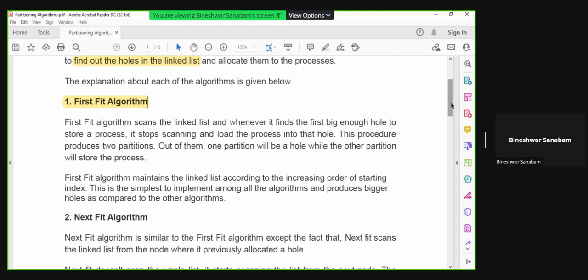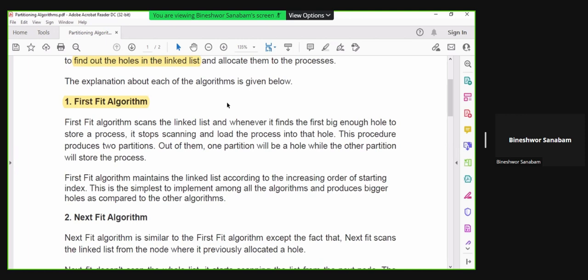So what does it say? The first fit algorithm scans the linked list, and whenever it finds the first big enough hole, meaning a free partition, to store a process, it stops scanning and loads the process into that hole.